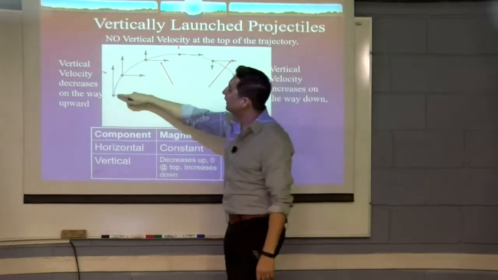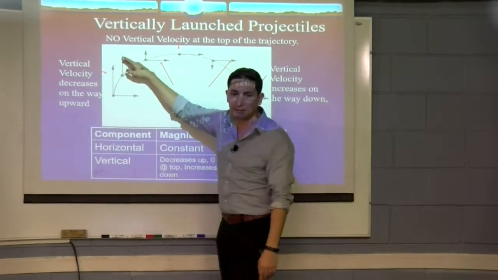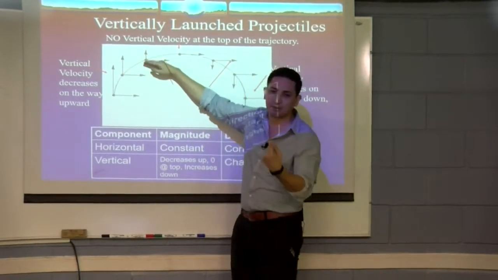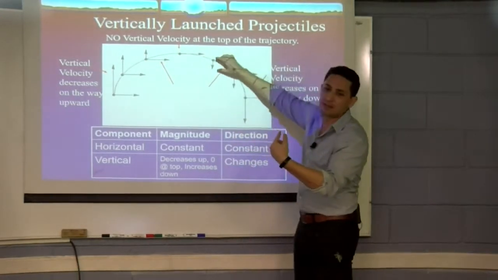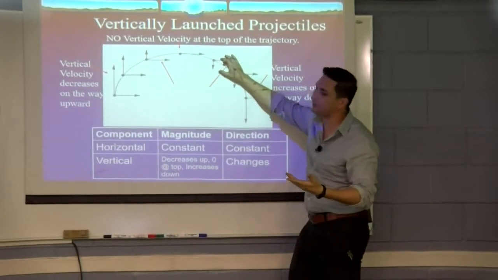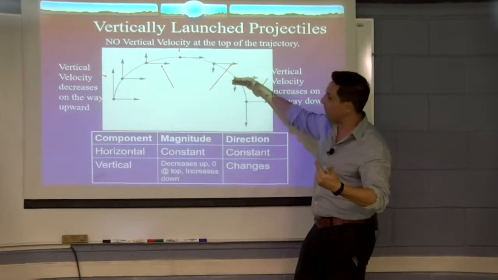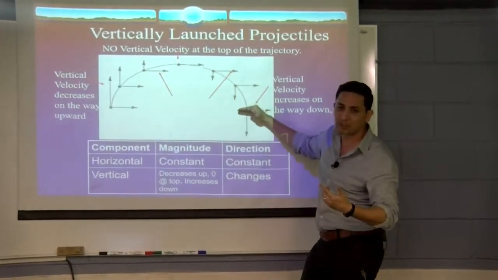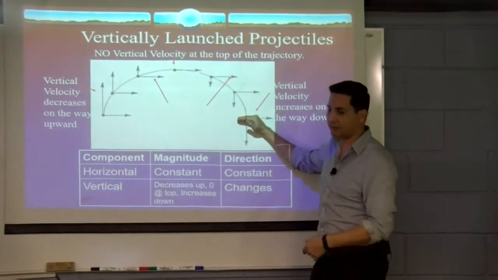Okay, and the vertical velocity will be decreasing each time it's moving up until you get to 0, and then it's decreasing, or if you want to say it another way, it's increasing in the negative. Each time you move down, you will have a greater value in the negative way.